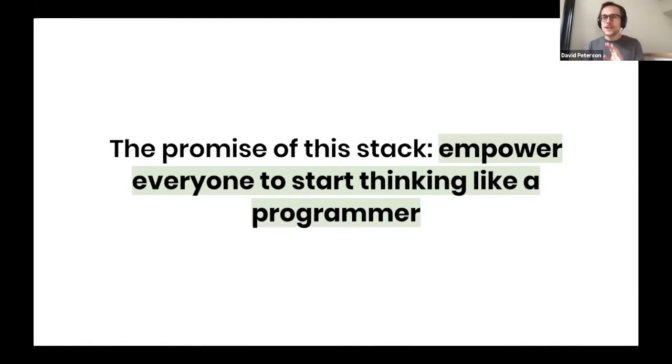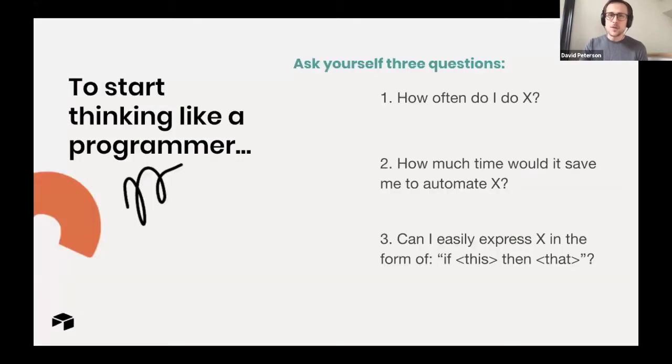So before we start building, I have a few recommendations for how we could all start thinking a little bit more like engineers. I think really what you want to do is ask yourself three very simple questions. First, how often do I do this thing? Second, how much time would it save me to automate this thing? And third, can I easily express it as if this, then that?